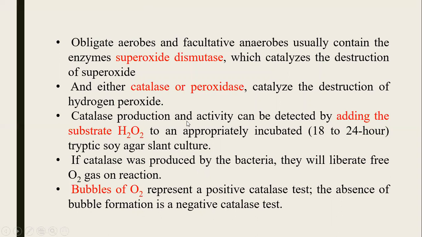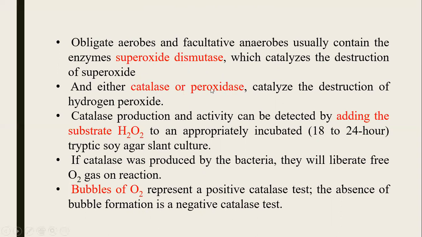The aerobic, facultatively anaerobic and microaerophilic organisms have these catalase or peroxidase enzymes to reduce the accumulation of superoxide radicals, along with the superoxide dismutase enzyme. But anaerobic bacteria don't have this enzymatic system: superoxide dismutase, catalase or peroxidase.